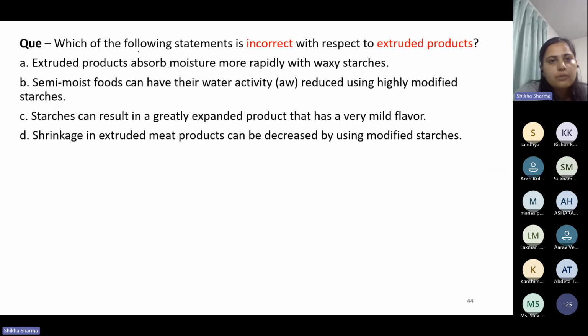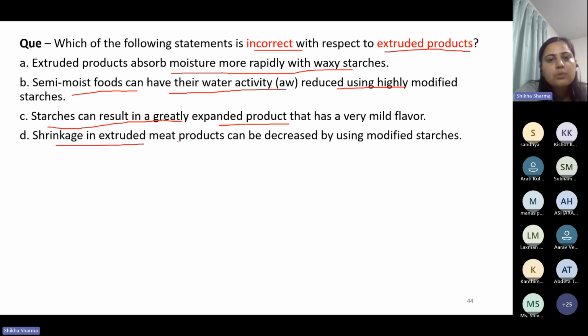So next is: which of the following statements is incorrect with respect to extruded products. Extruded products absorb moisture more rapidly with waxy starch. Semi-moist foods can have their water activity reduced using highly modified starches. Starches can result in greatly expanded product that has a very mild flavor.